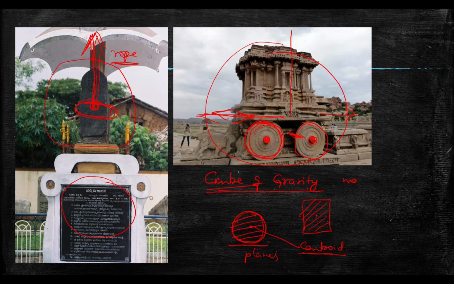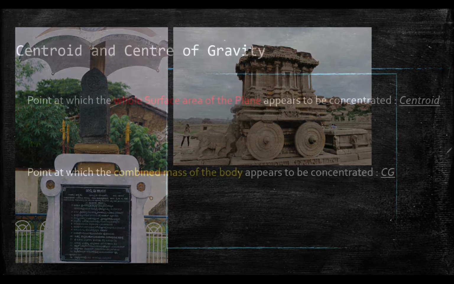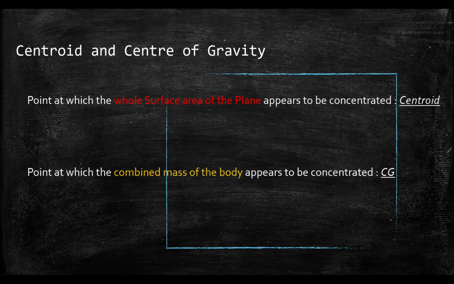Here it is the mass, here it is the surface area. So finally, the point at which the whole surface area of the plane appears to be concentrated is known as the centroid. And the point at which the combined mass of the body appears to be concentrated is the center of gravity.